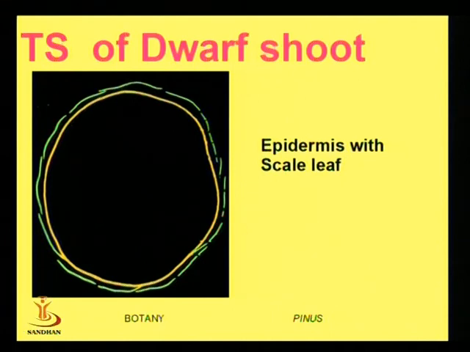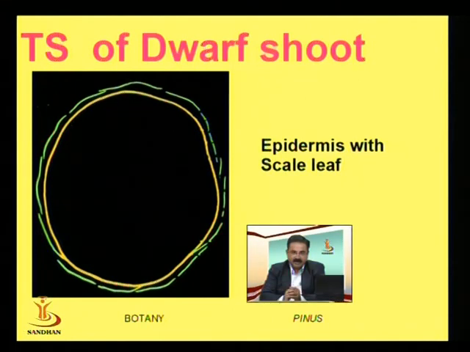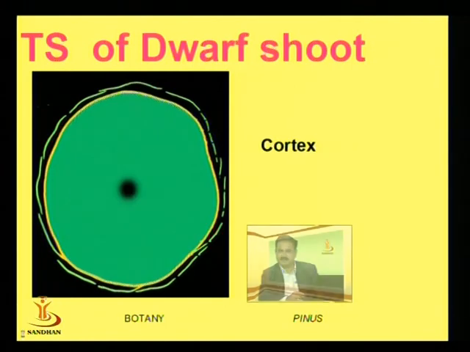This epidermis is surrounded by scaly leaves. Now these scaly leaves are not found in the case of the root, of course, or in the case of the old stem, or the long shoot. The long shoot does not have a surrounding of foliar leaves, but here in the transverse section of the dwarf shoot, one can see very well that the epidermis is surrounded by scaly leaves.